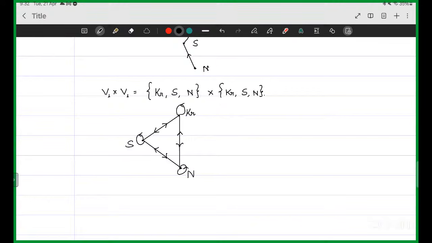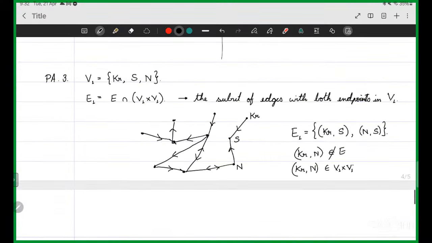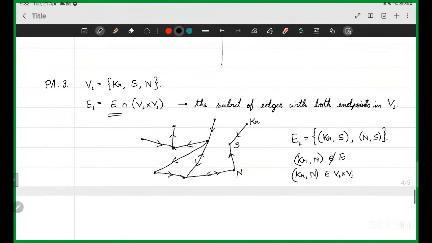But what we are interested in is E intersection with V1 cross V1. What was E? E are only the tuples which are present in this graph. So K R N is not there, for example, in this graph. S N is not there. S K R is not there.